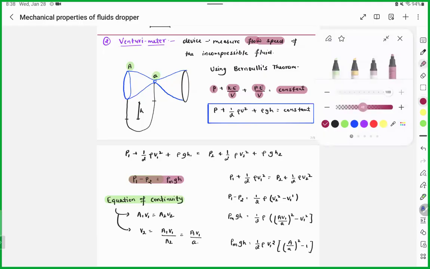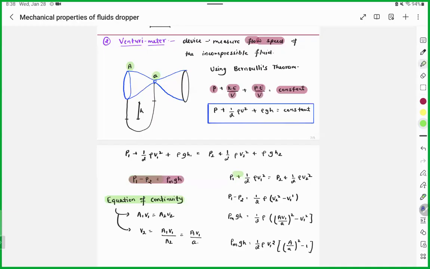This is P1 plus half rho V1 square, pressure plus kinetic energy per unit volume. Take P2 on the other side. P1 minus P2 is equal to rho g h, or h rho g. So we are not bothered about the formula, we just need to take care of Bernoulli's theorem.